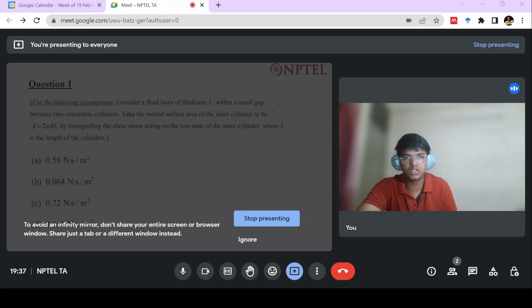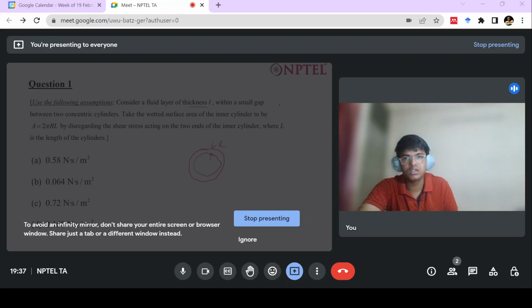In the question, some assumptions are given. The fluid layer thickness L is basically the gap between the two cylinders, the outer cylinder and the inner cylinder. This gap is represented by small m, and it is taken to be very small.